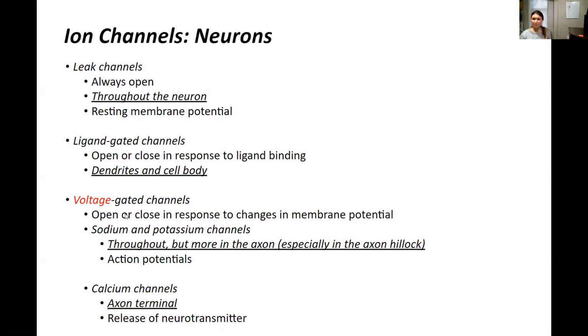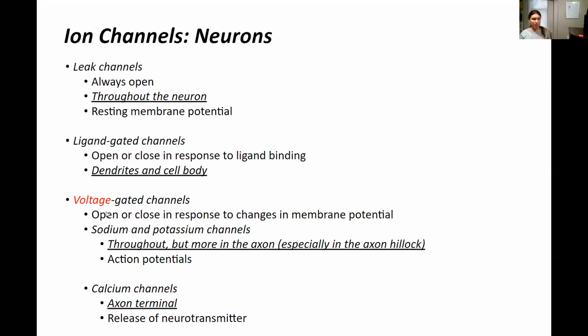This is basically why we have a threshold for an action potential: a voltage-gated channel opens or closes when the cell hits a specific voltage. In this case, the number to keep in mind is -55 millivolts.